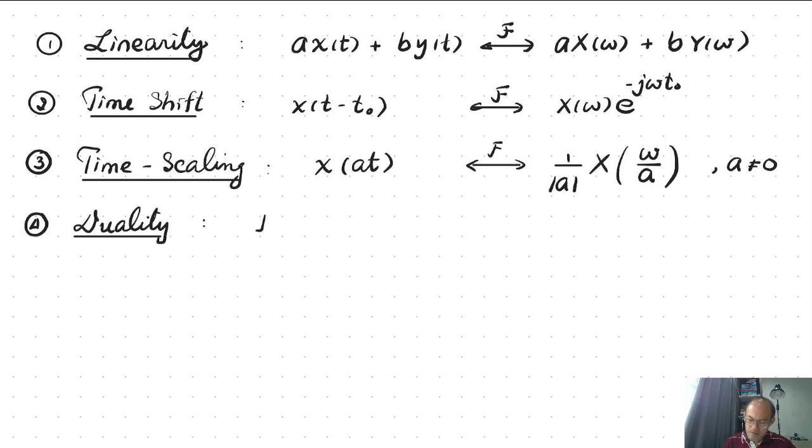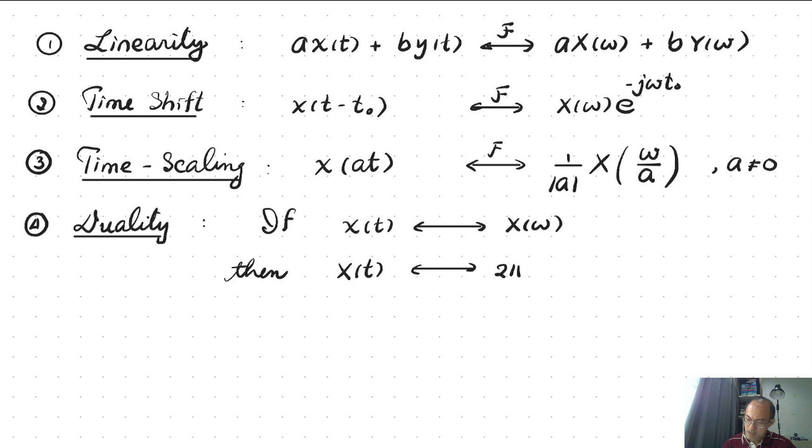If x of t has the Fourier transform of capital X of omega, then capital X of t here would have the Fourier transform of 2 pi x of minus omega.